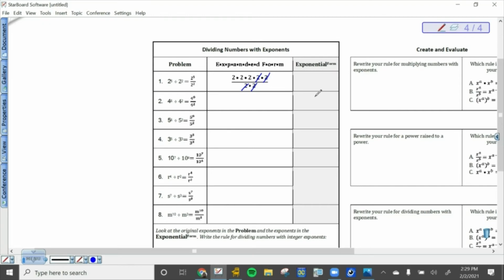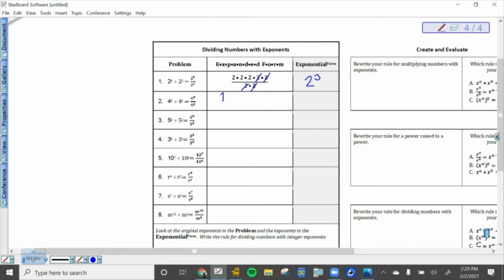So how many 2's are left? 3. So in exponential form, it's going to be 2 to the third. Let's do the next one. We've got 4 to the sixth divided by 4 squared.